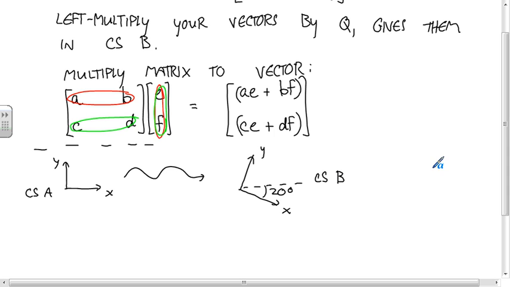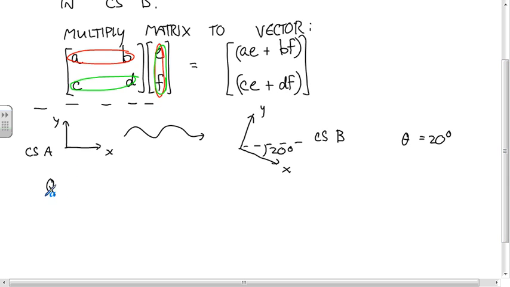That's a clockwise rotation to get from A to B, so our theta is equal to negative 20. Our rotation matrix is cosine of negative 20, which is 0.940, sine of negative 20, which is negative 0.342, negative sine of negative 20, which is positive 0.342, and then 0.940.